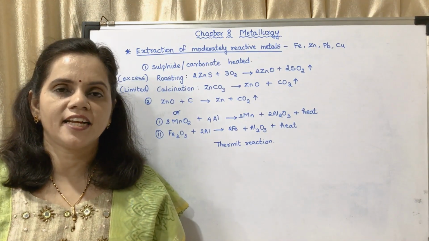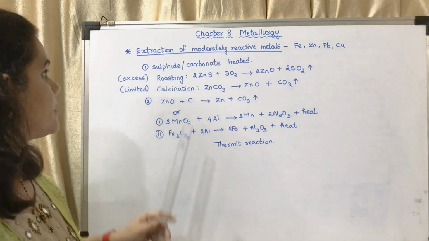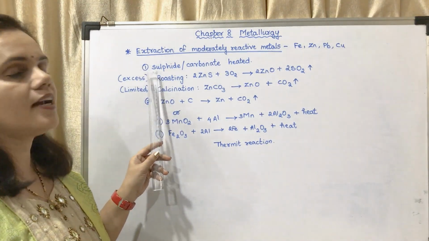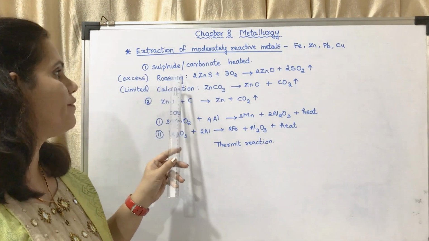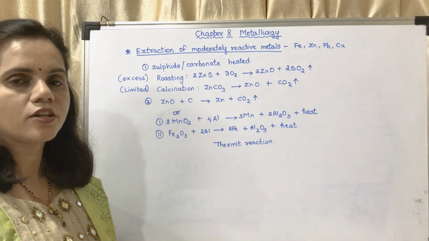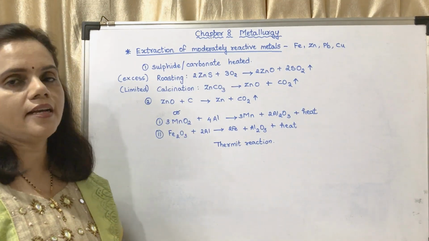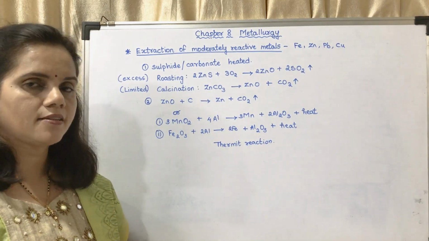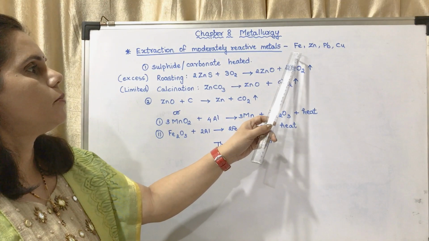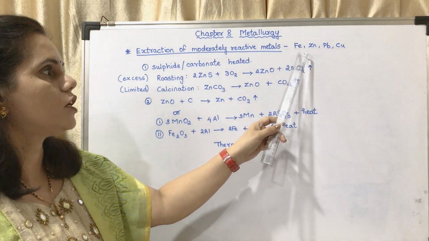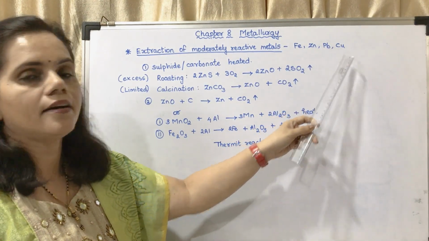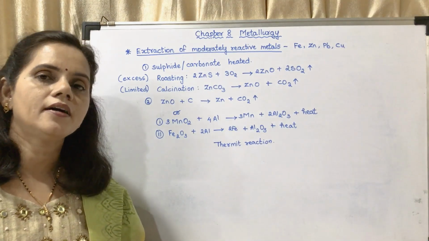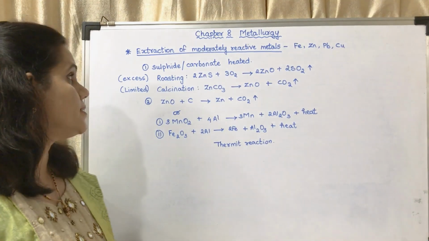Now the next is extraction of moderately reactive metals. Generally they occur in the form of sulfide or carbonate ores. Sulfide or carbonate ores of moderately reactive metals are generally used as ores. The moderately reactive metals include iron, zinc, lead, copper. Okay, these come under moderately reactive metals.